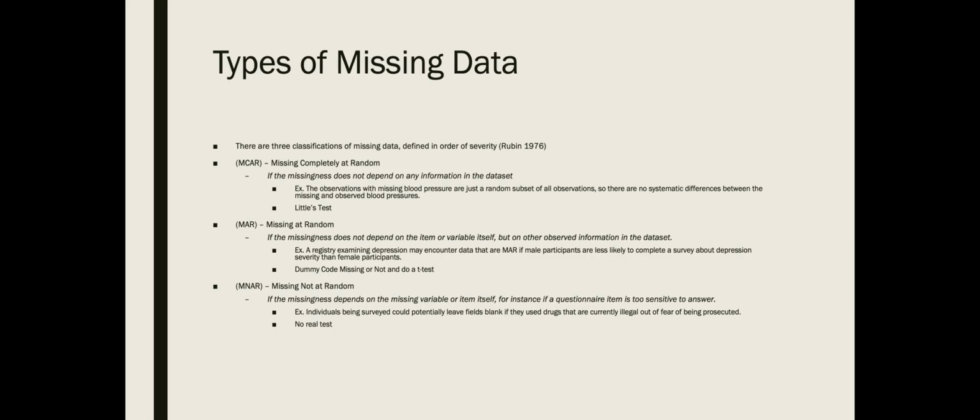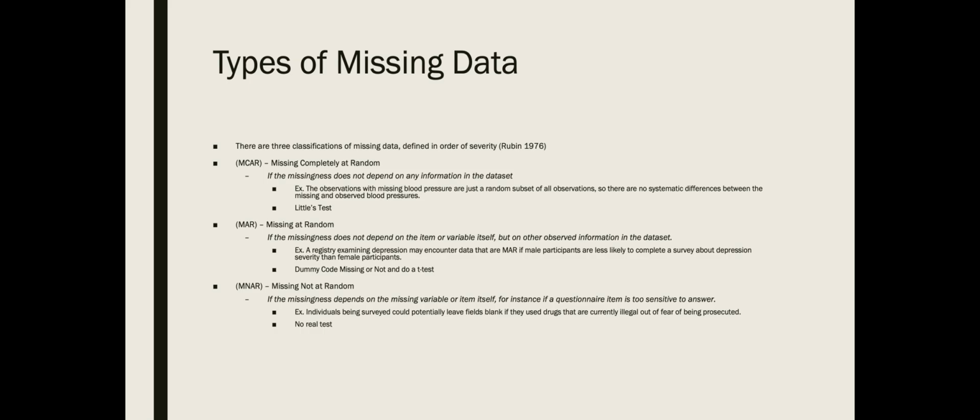For example, a registry examining blood pressure may encounter data that are MAR if male participants are less likely to complete a survey about blood pressure and severity than female participants. One test we can use is to first create a dummy variable called missing or not, and then do a t-test in order to find out if it's missing at random.